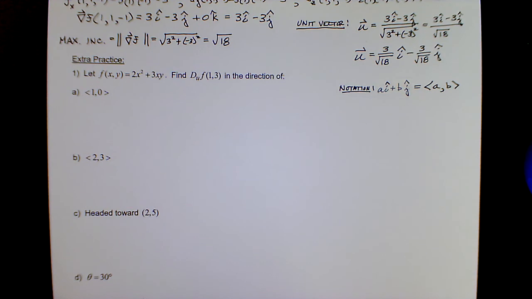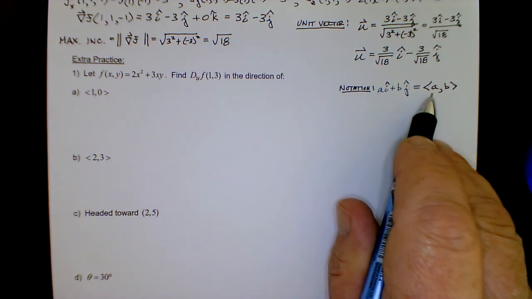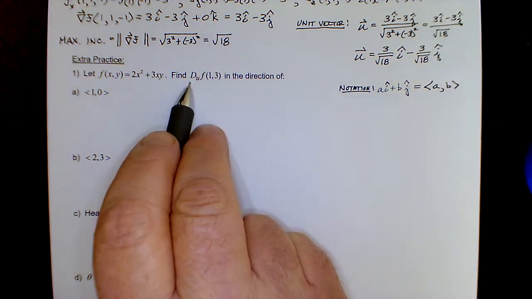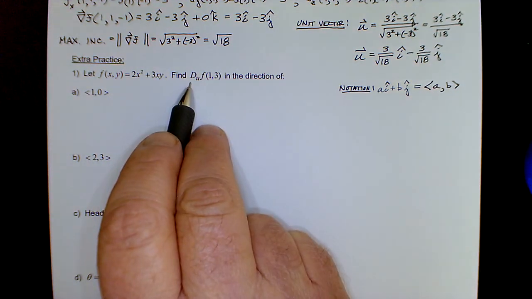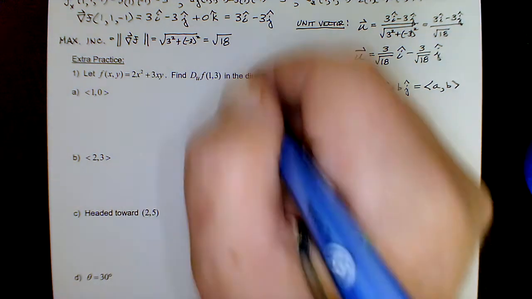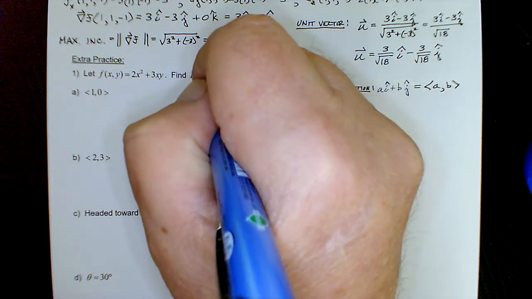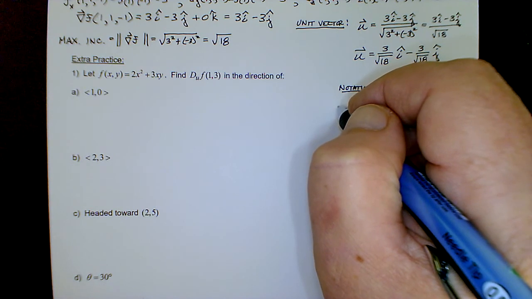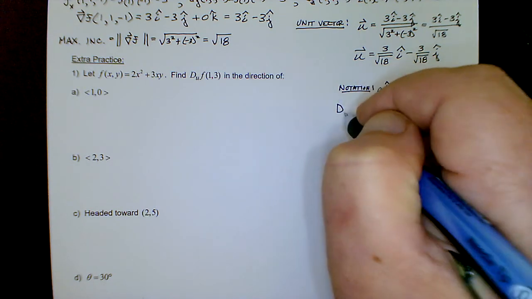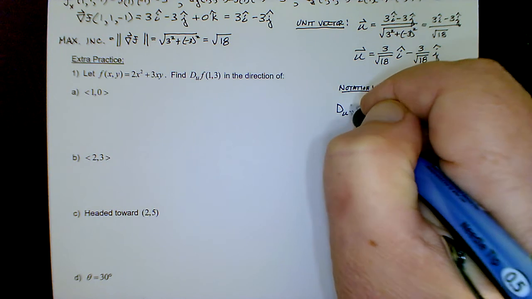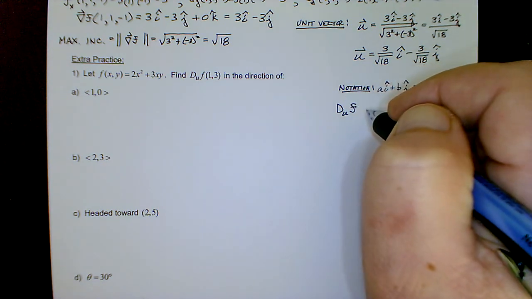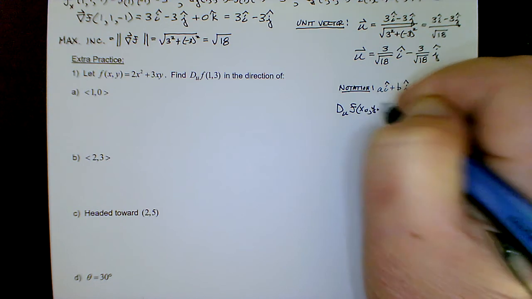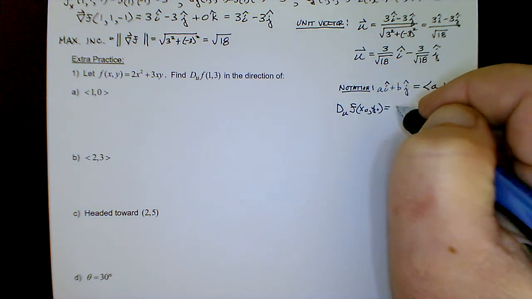So here we want to find the directional derivative, and recall the formula for the directional derivative was, put it over here, that the directional derivative in the direction of u of the function f at a point x sub 0, y sub 0 is equal to the gradient at that point dotted with the unit vector.